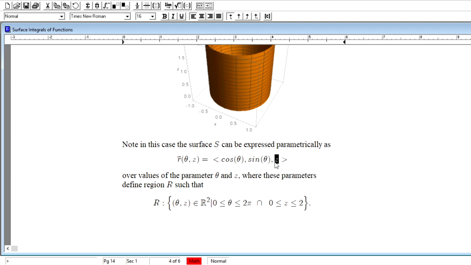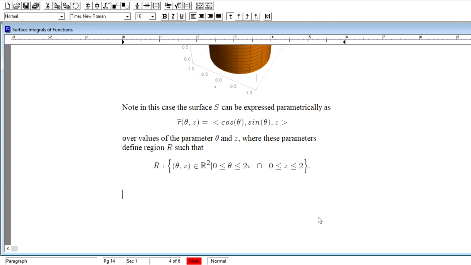Here, theta is happening between 0 and 2 pi, which is going to account for all the points around the unit circle, and z is going to account for values from 0 to 2, which is the height of the cylinder.